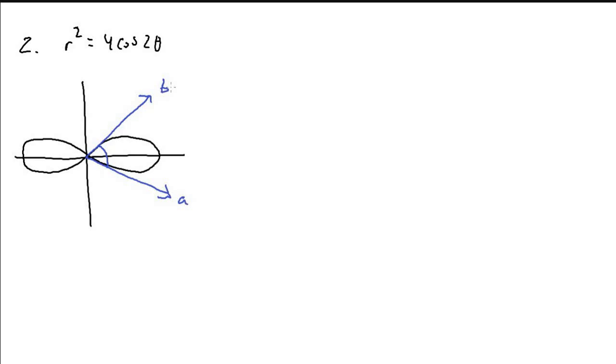So notice how at those specific angles though, the value is 0. The r value, because the radius is 0. So in order to find where the radius is 0, we can basically set this equation equal to 0, or put 0 for r. So 0 squared, or just simply 0, is going to equal 4 cosine of 2 theta. Now divided by 4, obviously 0 equals cosine of 2 theta.